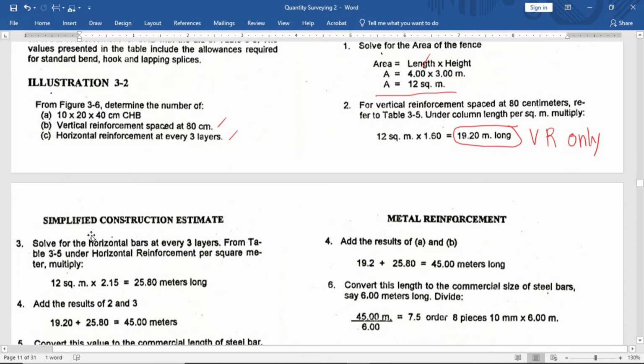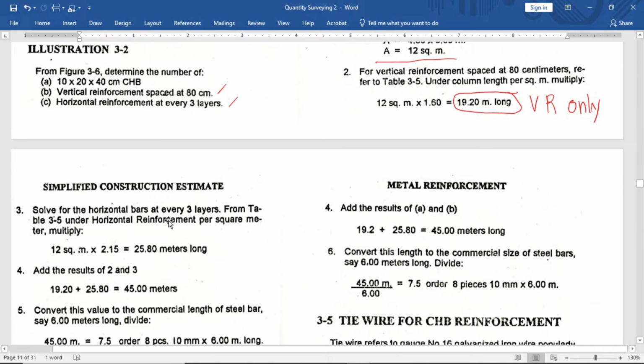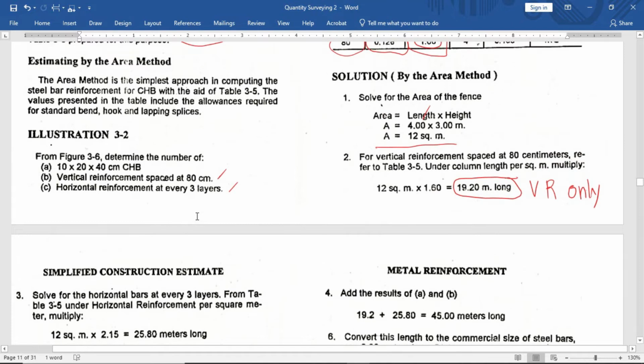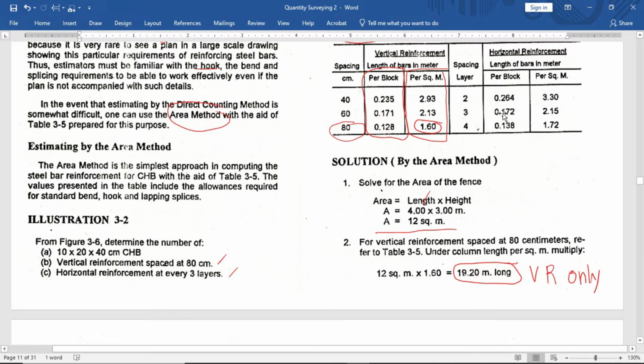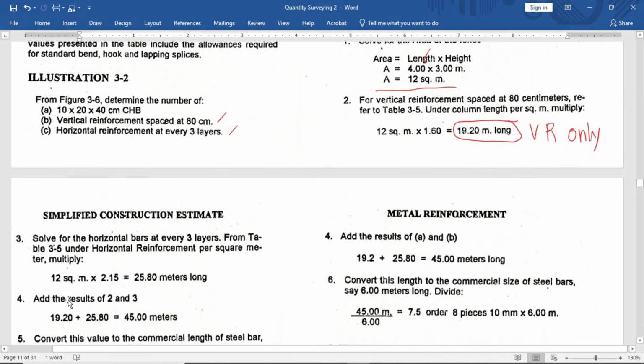So, meron na tayong vertical. Hanapan naman natin yung horizontal. Solve for the horizontal bars at every 3 layers. Kanina ay centimeters, ngayon every layer. Pag horizontal bar, by layer. Pag vertical naman is by centimeters. Per square meter tayo. So, 3 layers, 2.15. 12 square meters times 2.15 is 25.8 meters long.